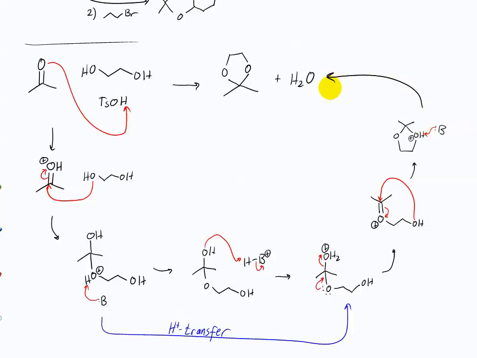That's it. If you go back and compare that to the previous mechanism, you'll notice that they're the same steps. The difference is only in the alcohols. Rather than having two separate alcohol molecules, you have one with an alcohol on each side. Is that clearer now? Okay.